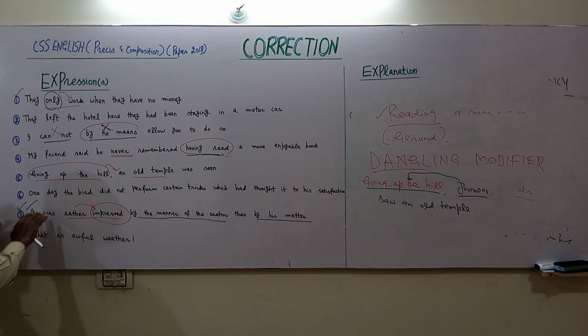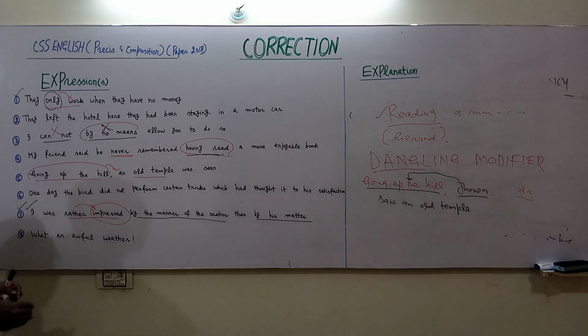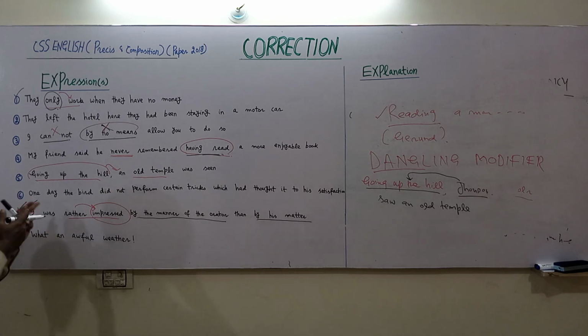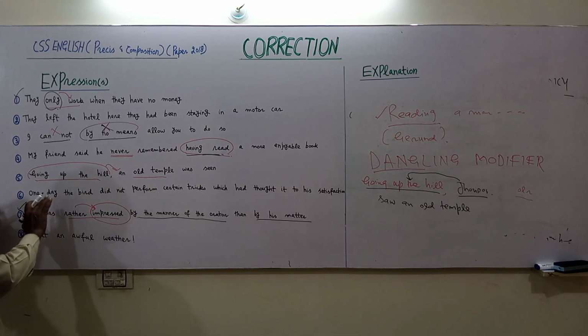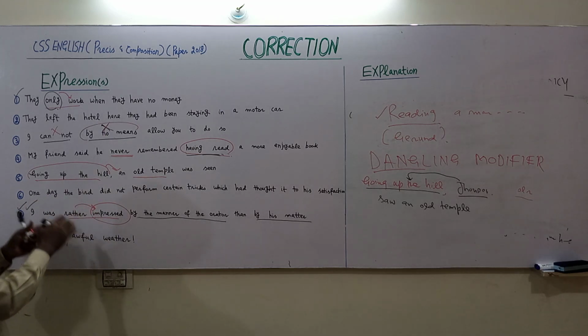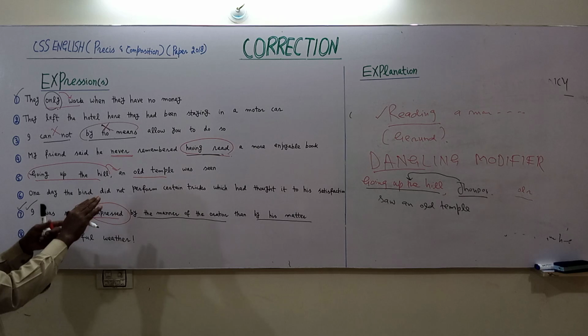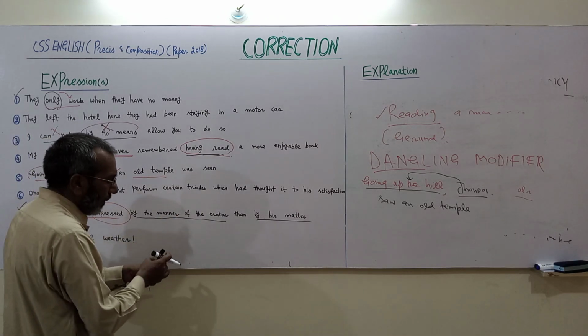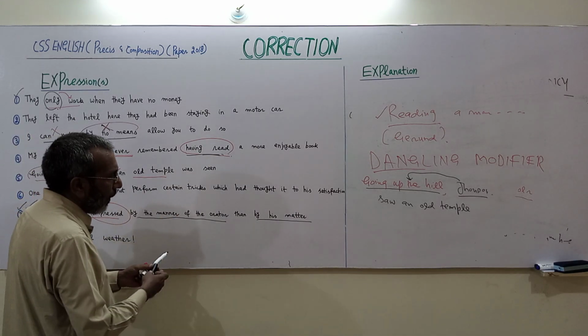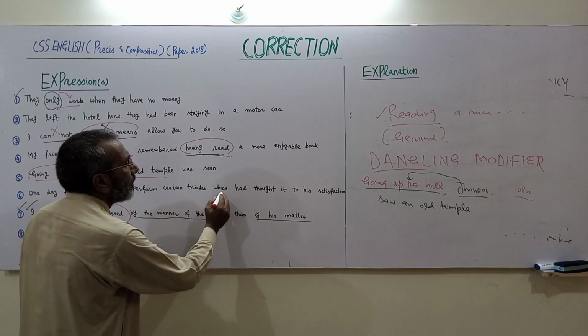One day the bird did not perform certain tricks which had taught it to his satisfaction. With such an expression, it can be taken in different ways. You have to form a sort of sequence. One day the bird did not perform certain tricks. You can very easily guess which had taught.